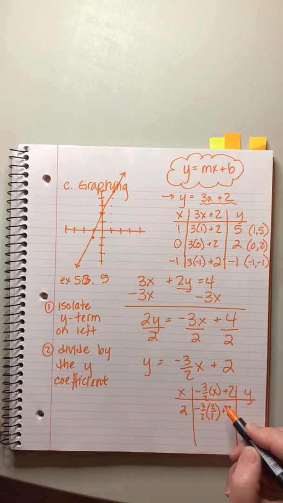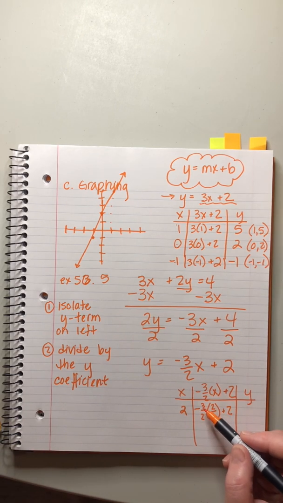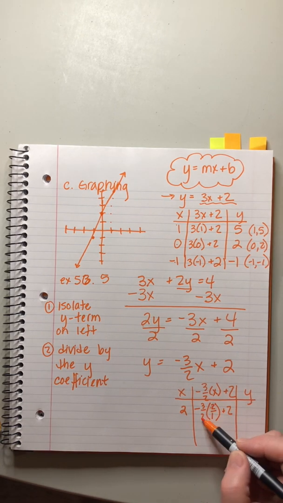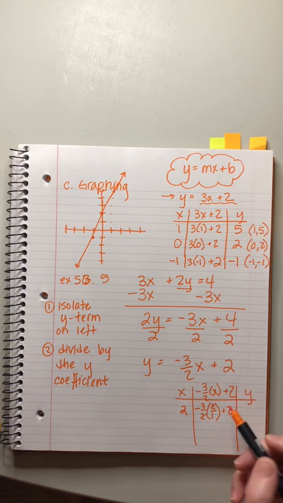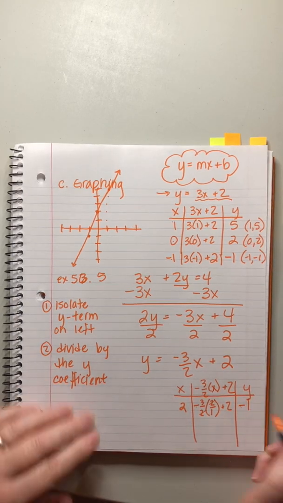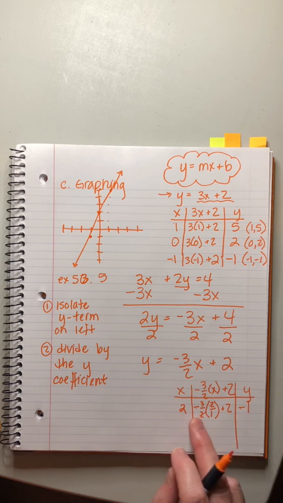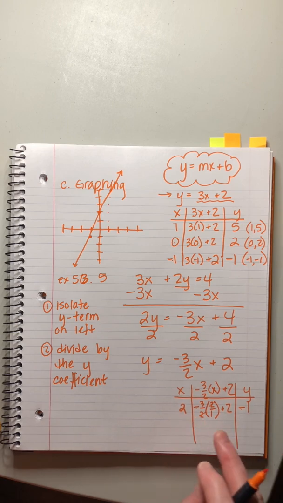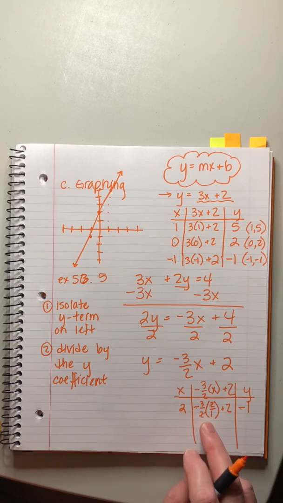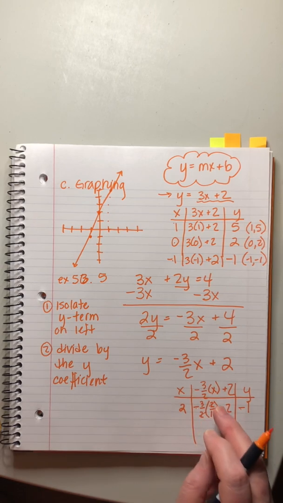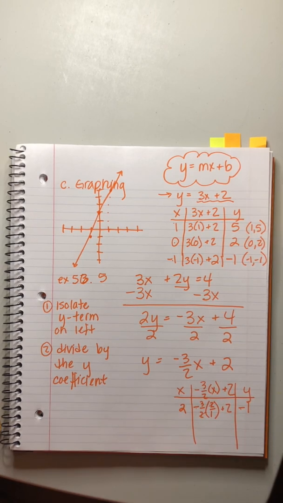Now look what happens. The 2's cancel, which is what I wanted. This is minus 3 over 1. I can ignore that. Minus 3 plus 2 is minus 1. So by choosing wisely, I can get rid of the fraction drama. And the way to choose wisely is to choose a number that will allow you to cancel against your denominator.